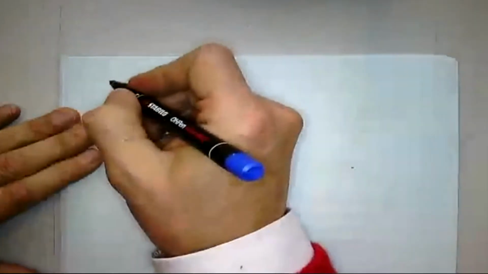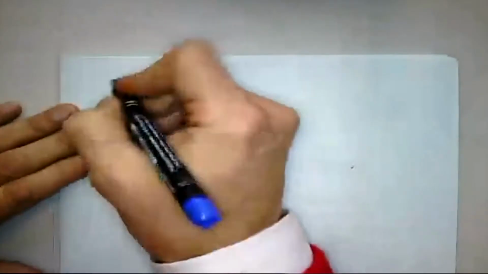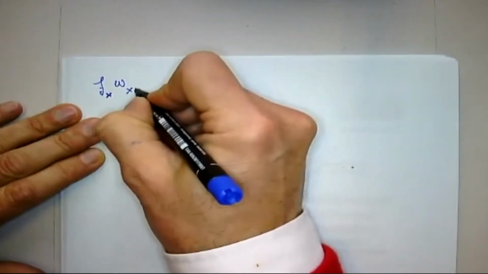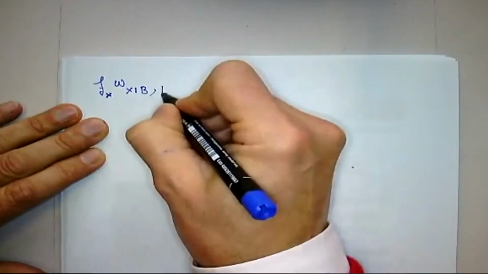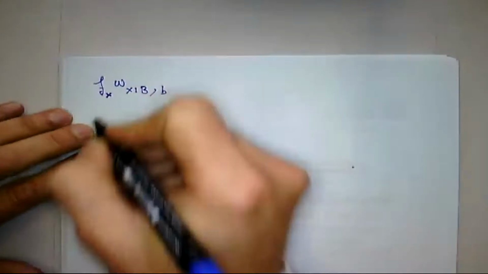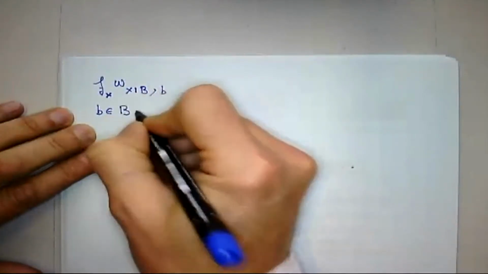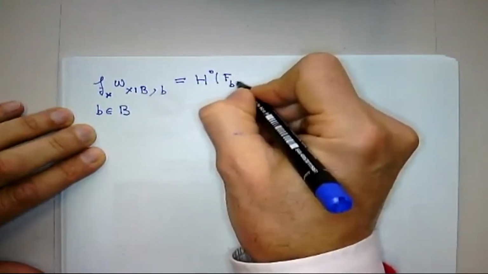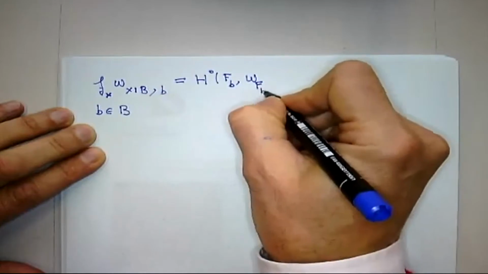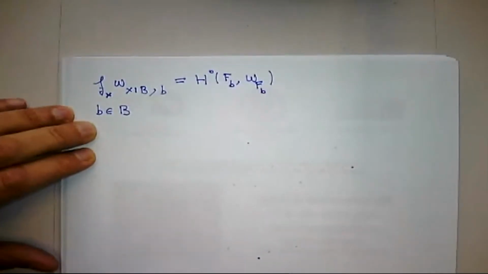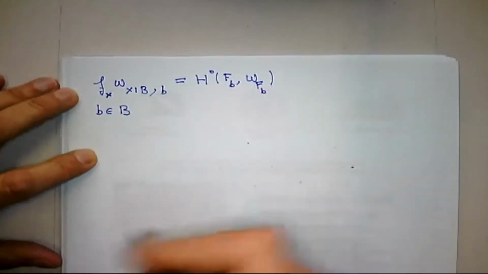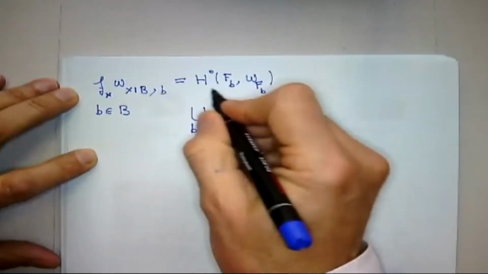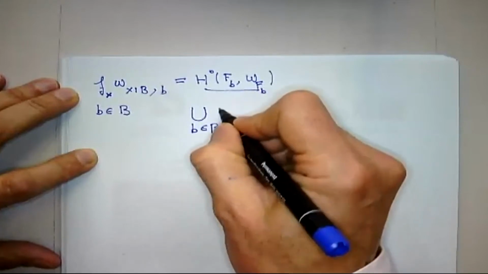You have to think that f lower star omega_{X/B}, its fiber over a point small b inside the curve B, is the space of global sections of the canonical sheaf of the fiber. So essentially, you have to arrange all these vector spaces.